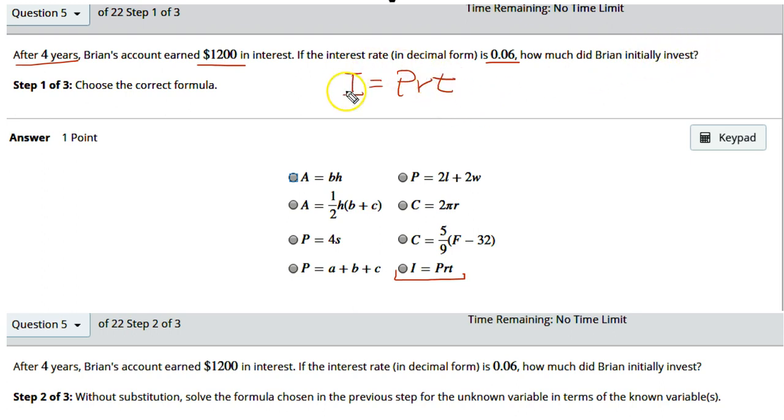So what don't we know about our value here? Well, we know the interest, we know the time, and we know the rate. What we don't know is the principal. So they're asking us to find the principal.